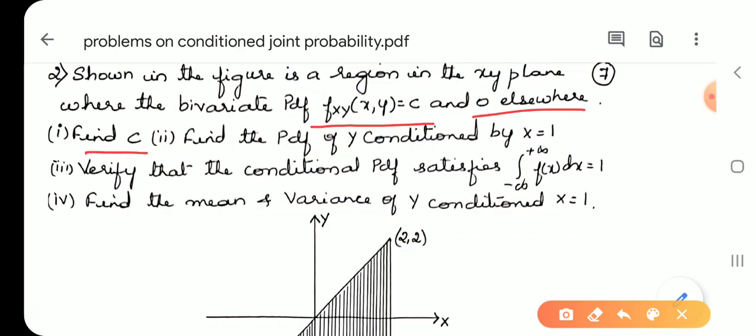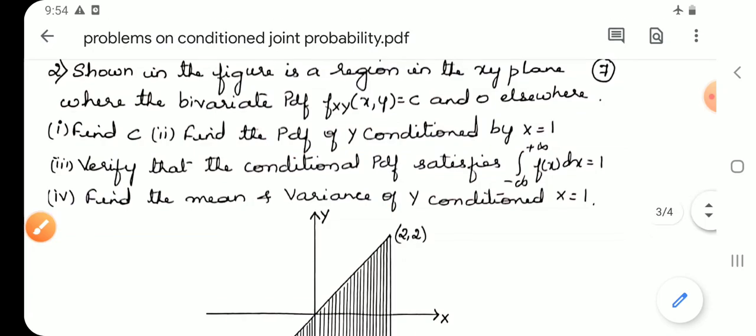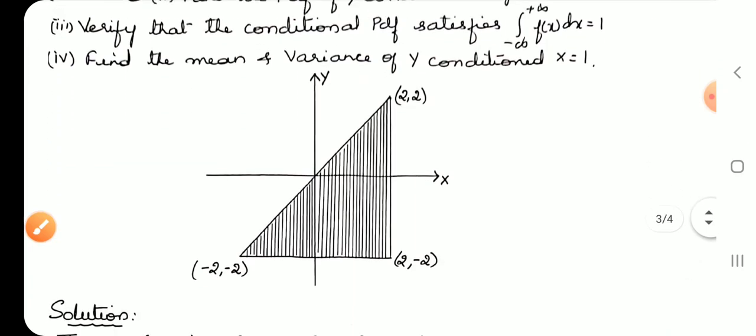Same here also. Find c. Find the PDF of y conditioned x is equal to 1. Verify the conditional PDF satisfies integral minus infinity to plus infinity f of x dx is equal to 1. Find the mean and variance of y conditioned x is equal to 1. The problem is the same, but the figure is different.